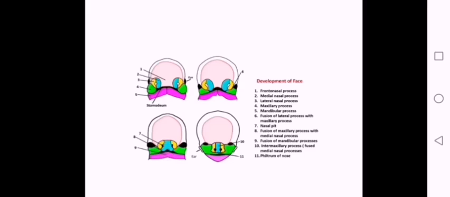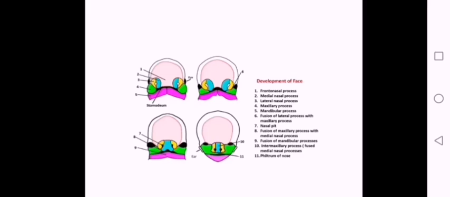So the nasal septum is formed by the medial nasal prominences joined together, while the lateral nasal prominence will form the ala of the nose. This is the external nose, and the rest of the dorsum of the nose will be formed by the frontal part of the frontonasal prominence.